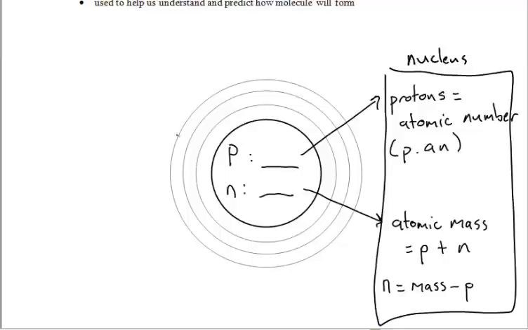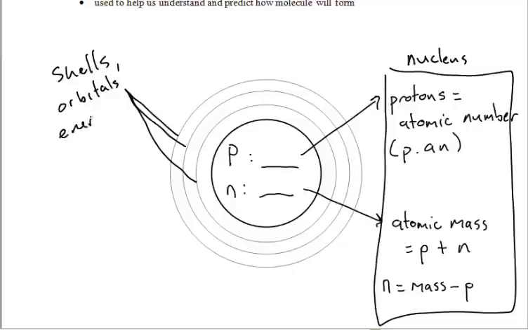Surrounding the nucleus, we have where the electrons live, and these are typically called shells, orbitals, and sometimes energy levels. And these are where the electrons live.